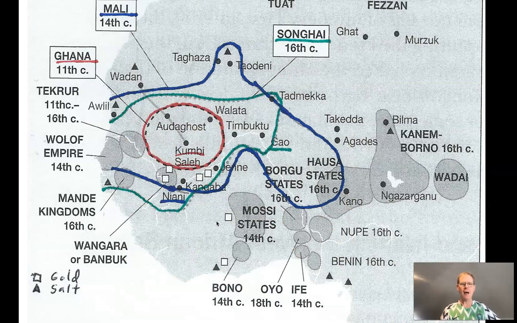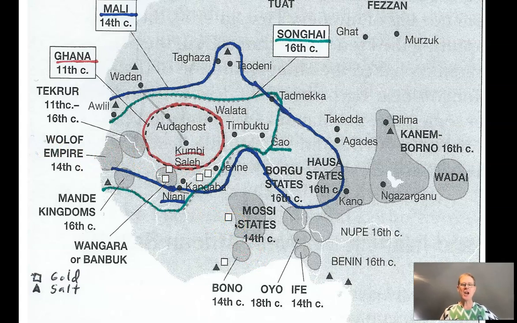Okay? Now, this map shows kind of the same thing here. These squares show the sources of gold, along here, and down here. Right? Now, what this map doesn't show you is that these sources of gold changed over time.